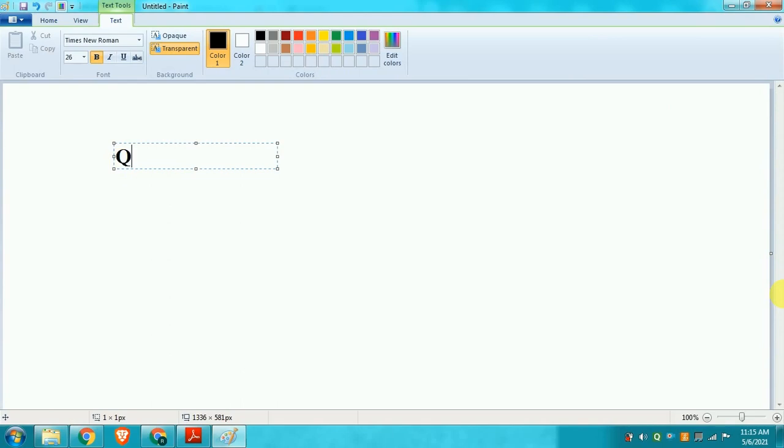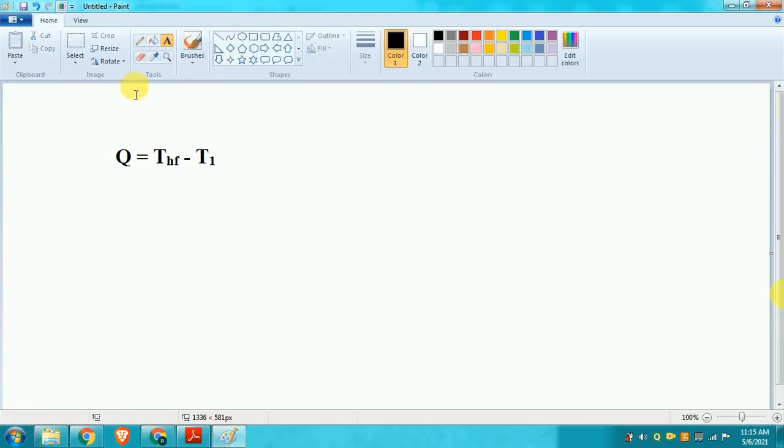So Q is equals to, I'll write down, THF minus T1. This is one of the ways what I'm trying to explain. There are different ways to find it out. If I consider this, I have to consider just the first layer.